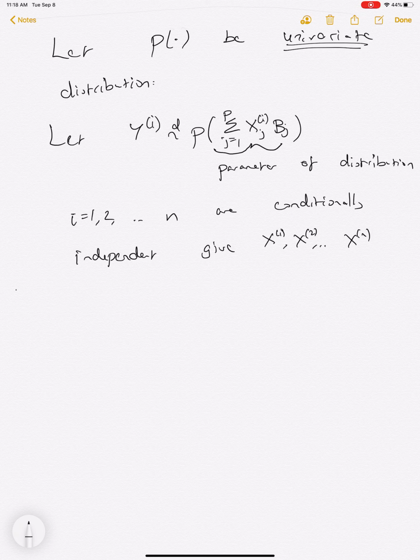Okay, and so we've actually seen this. We're going to tie this back to the example of the linear model.